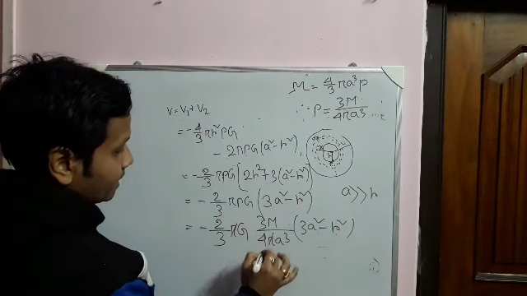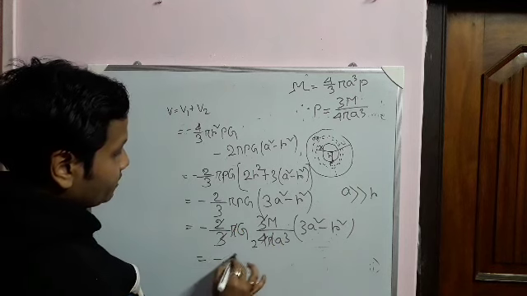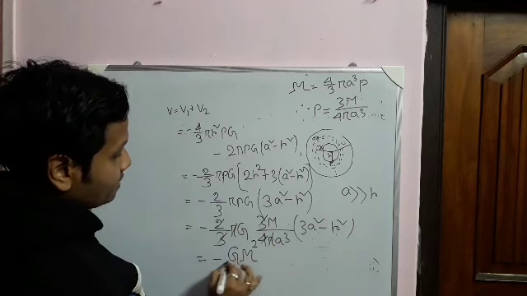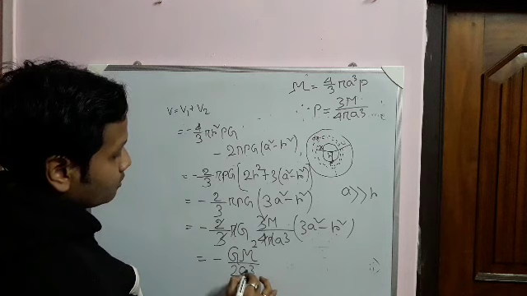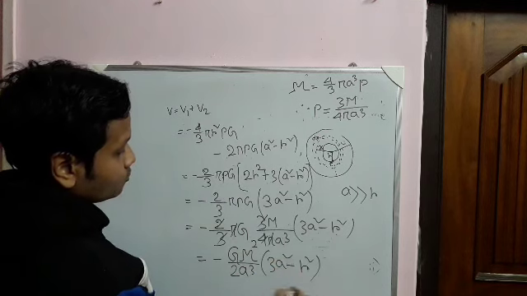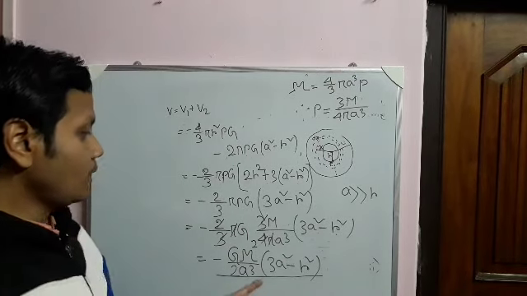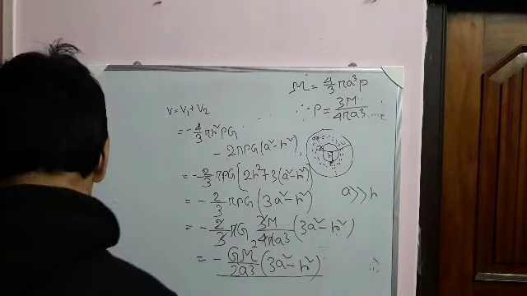Pi cancels, 3 cancels, and there will be 2. So the ultimate result is minus gm by 2a cube into 3a square minus r square.